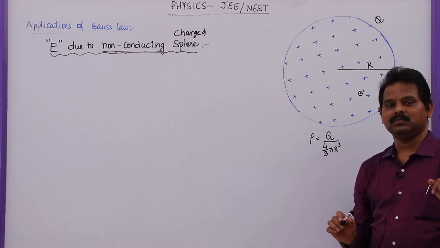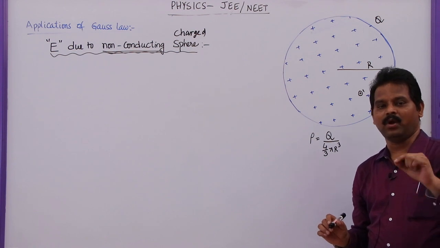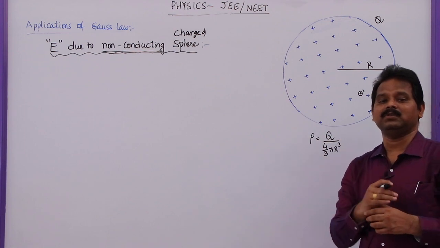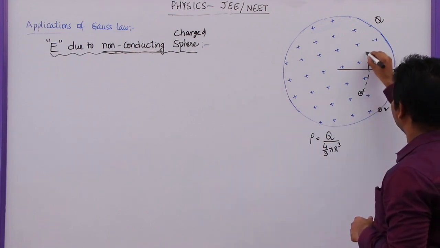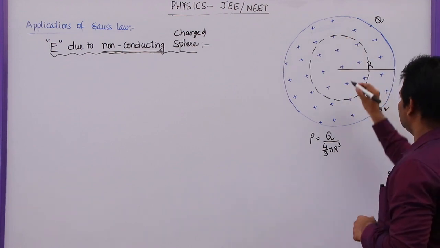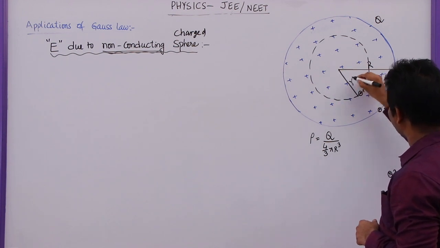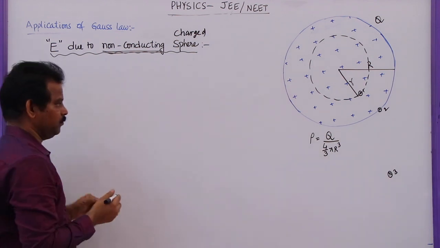First, we need to construct a closed Gaussian surface such that the point where we want to find electric field lies on the surface of that closed Gaussian surface. So let me take the first point. Let me take one closed Gaussian surface here, in the form of a sphere, where the radius of this closed Gaussian surface is r.